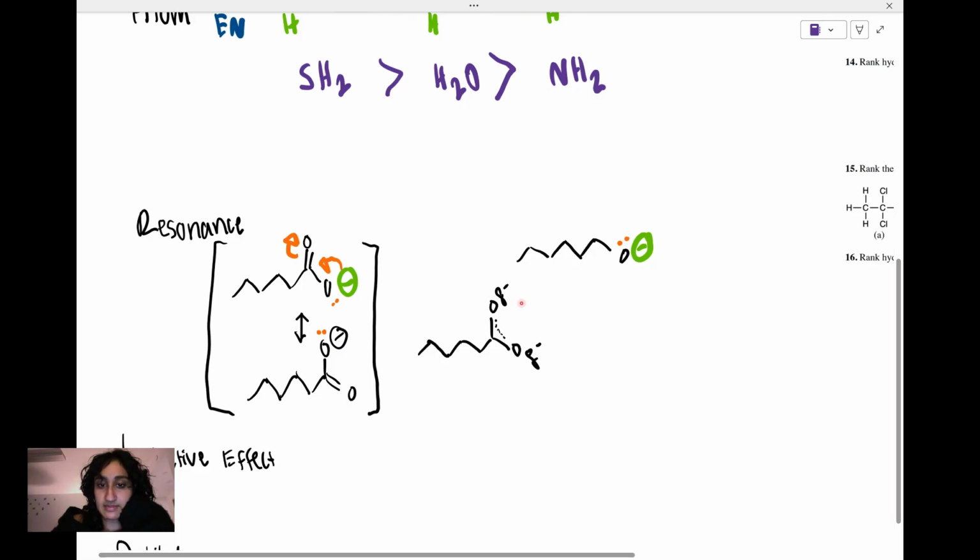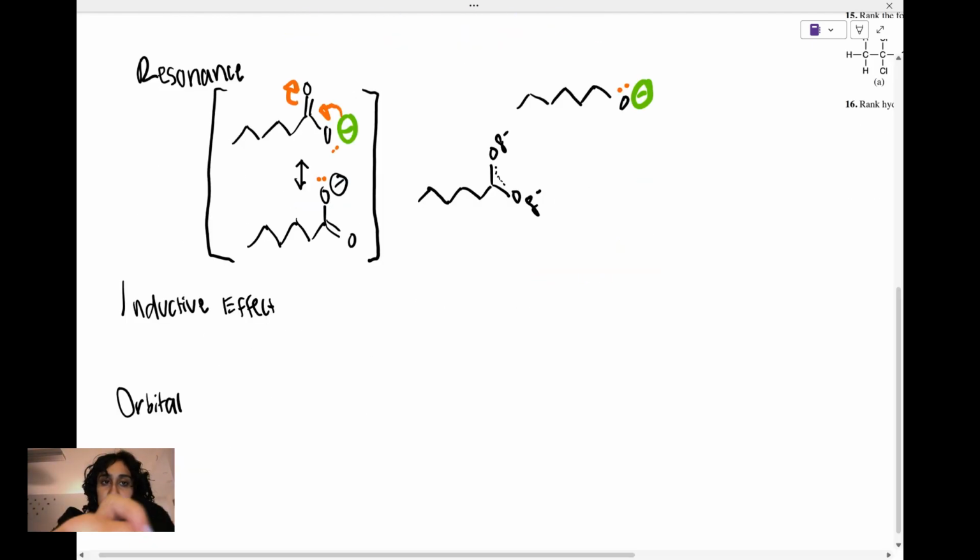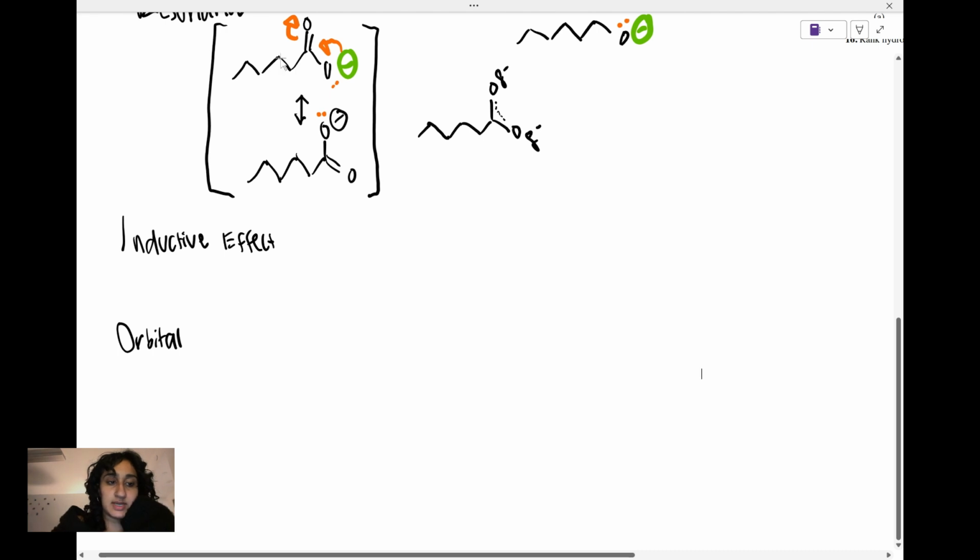Basically I was saying that something with resonating electrons, like this structure right here, is going to be more stable with a negative charge than something without resonating electrons because it's sharing that negative charge. So that means that the acid that this conjugate base came from is stronger than the acid that this conjugate base came from. So that's resonance. Now let's do inductive effect.